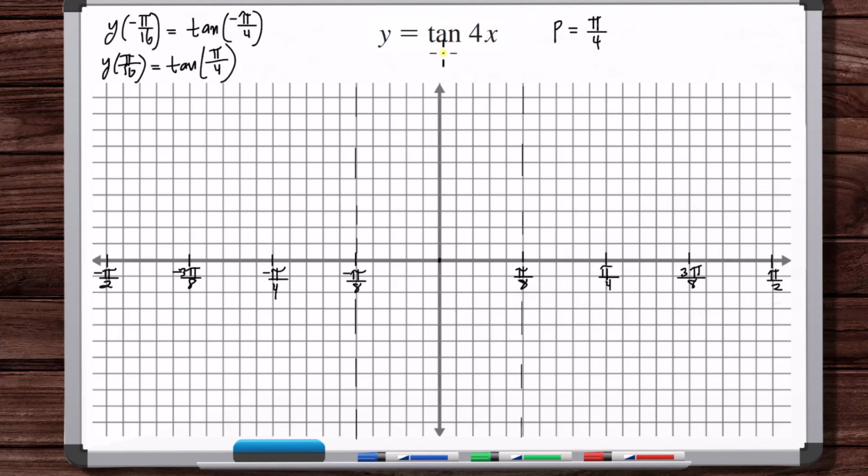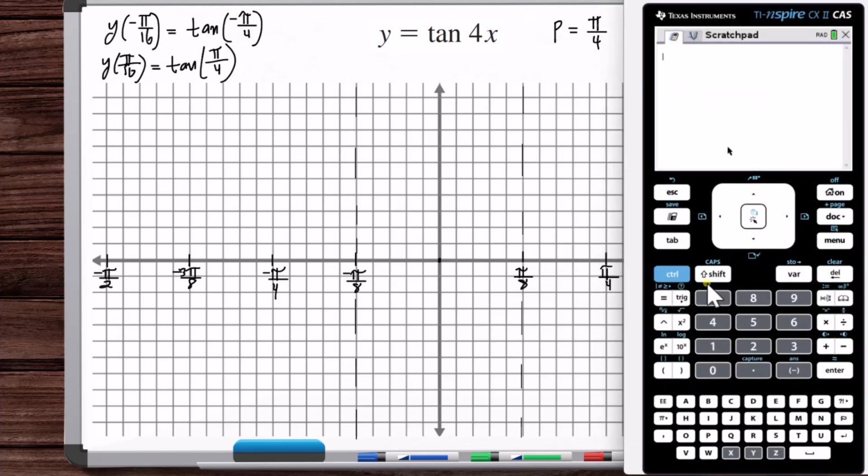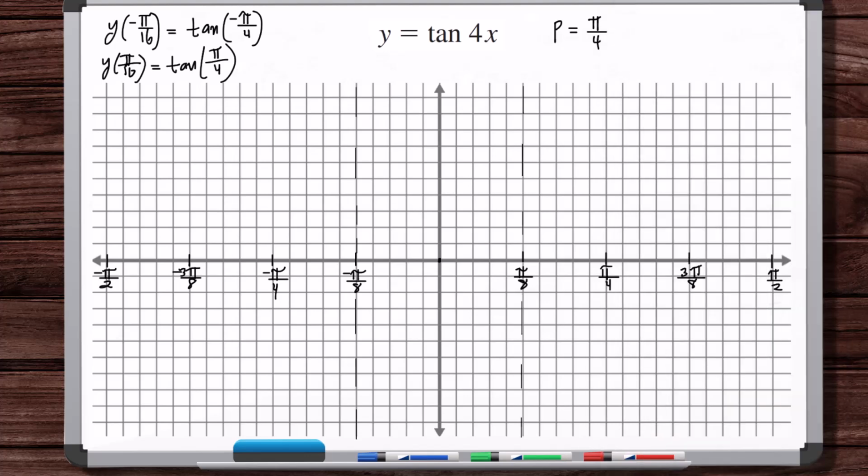Well, we know tangent's an odd function, so tangent of minus pi over 4 is equal to minus tangent of pi over 4, but we can still plug them both in. So tangent of pi over 4 is 1. Okay, that means tangent of minus pi over 4 is minus 1.